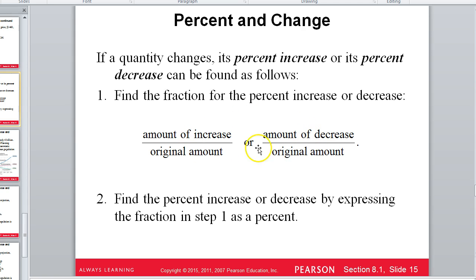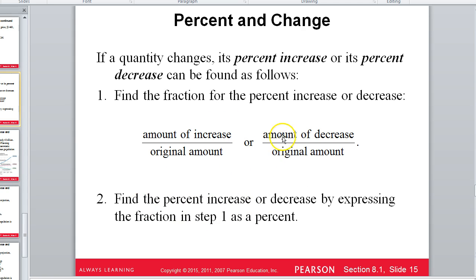So we always divide the change, right, for the difference between the current amount and the original amount, but we always divide by the original amount. Okay. Now think about this: if it's an increase, if something went up, the original amount was always less. If something decreased, then the original amount was always the higher of the two. So that's something you can use to kind of help you navigate through these types of problems.